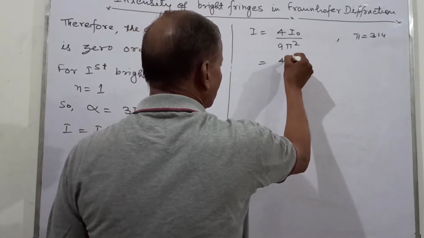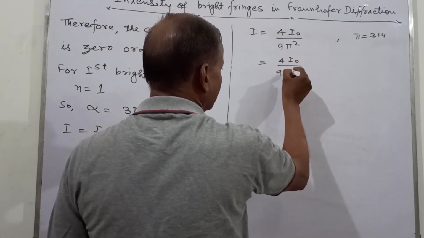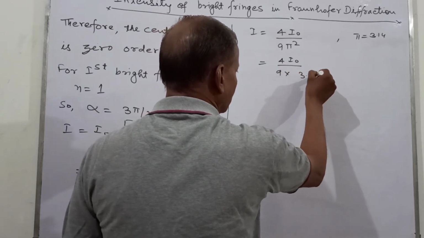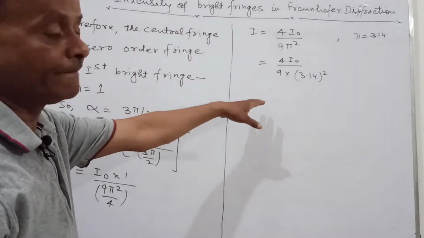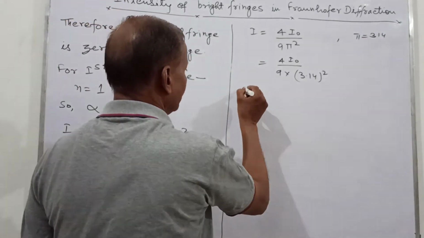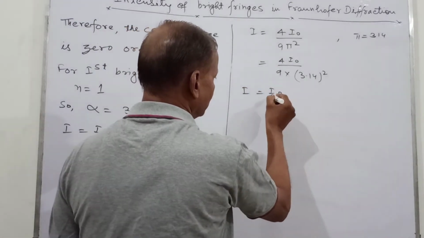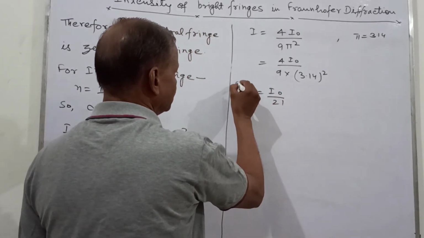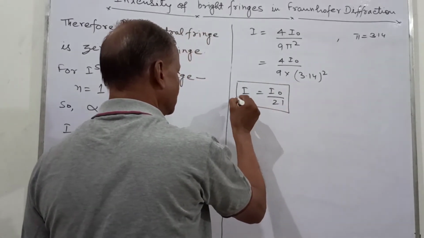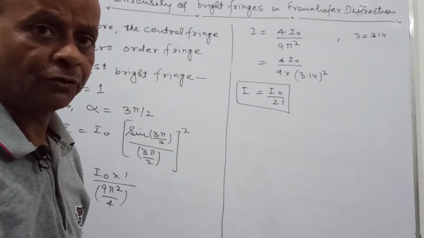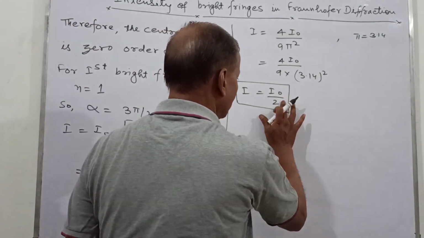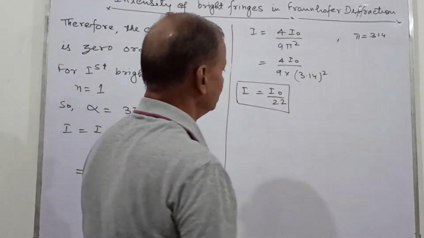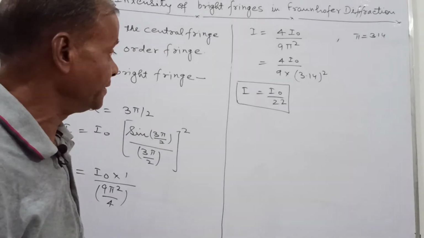So this is now your 4 I naught upon 9 into 3.14 whole square. So if you see, this will come out to be I equal to I naught upon 21 or 22, it may be 22 also. So I naught upon 22. So not much difference, as I told you earlier.